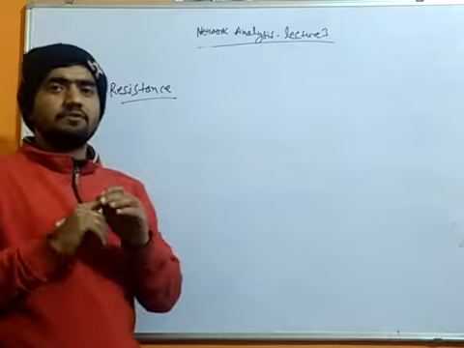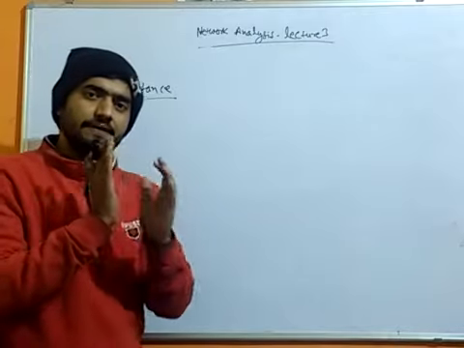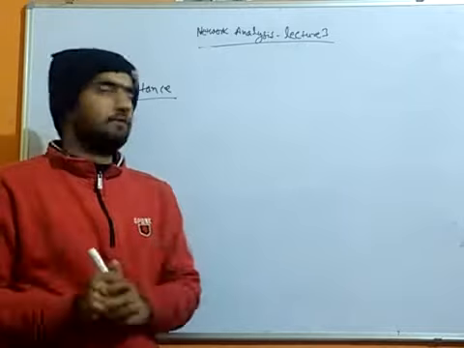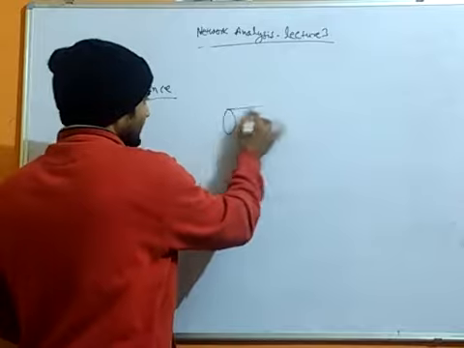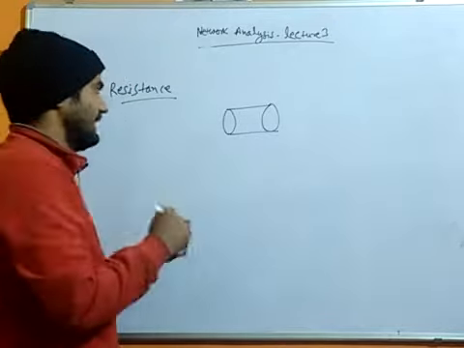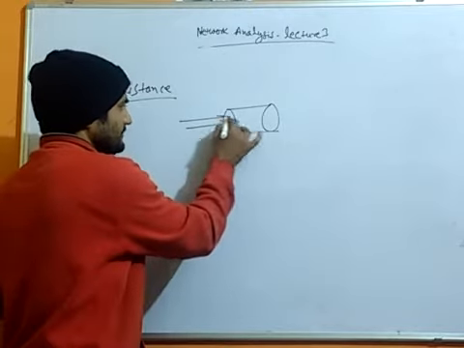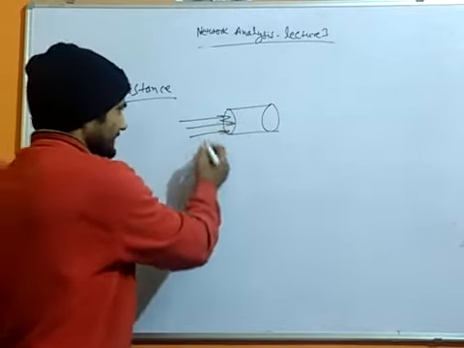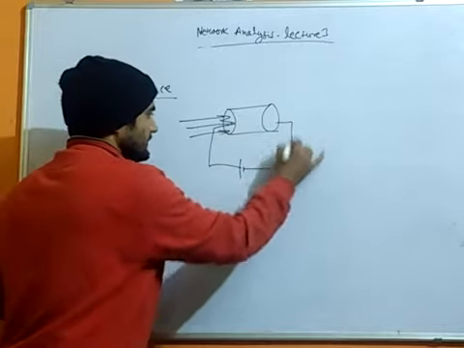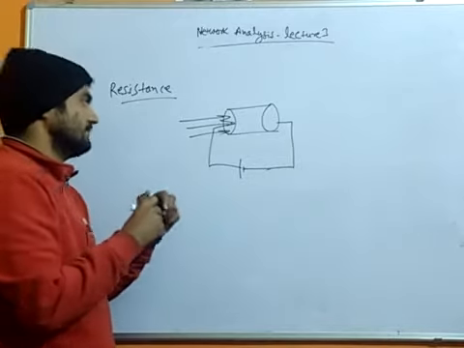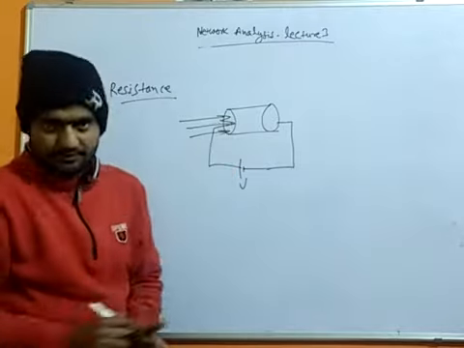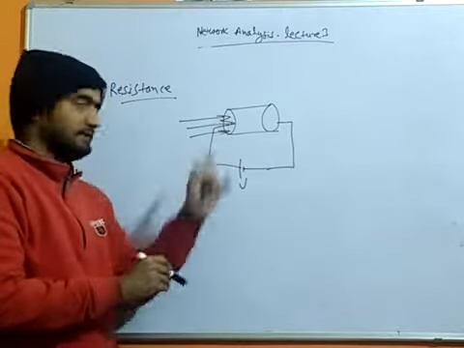What is resistance? Resistance is the property of an element that opposes the current flow. If I take any conductor with some cross section and connect a voltage source across it, the current will definitely try to flow through it, because there is a path for the current.